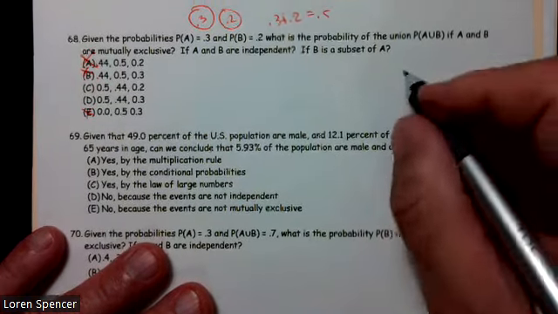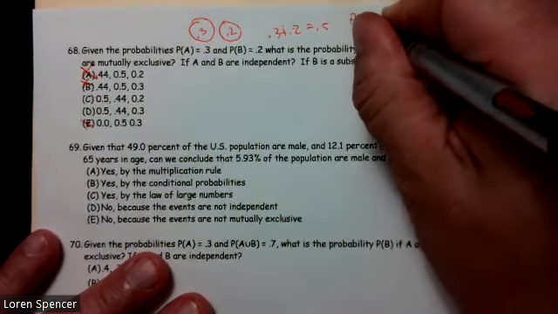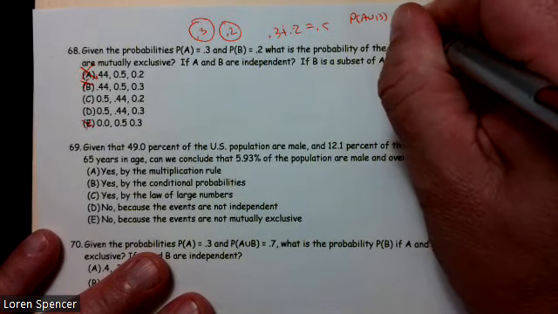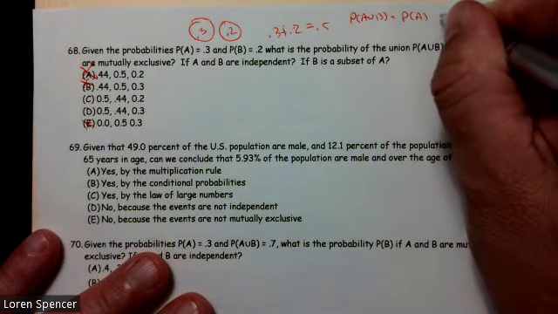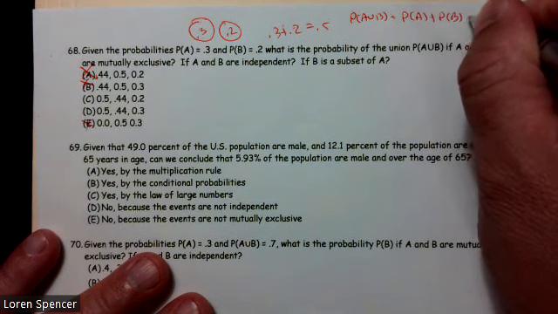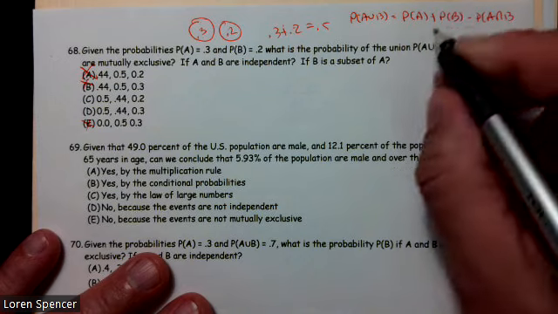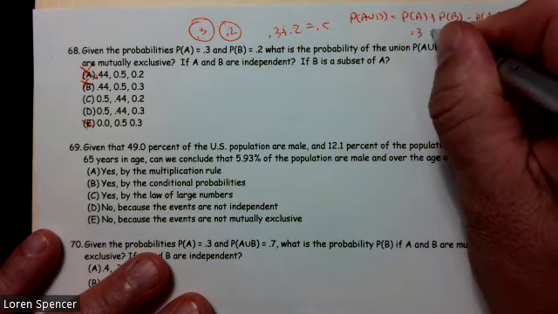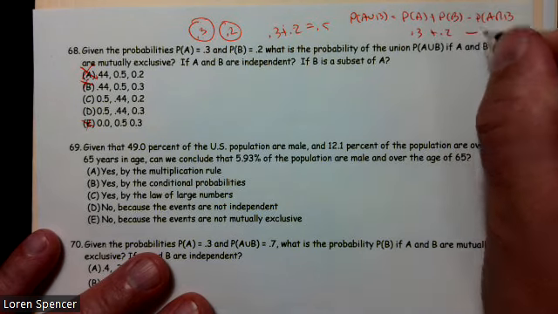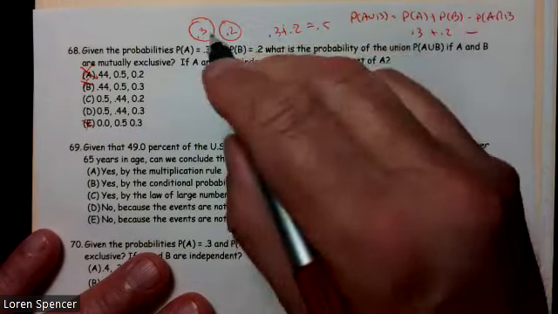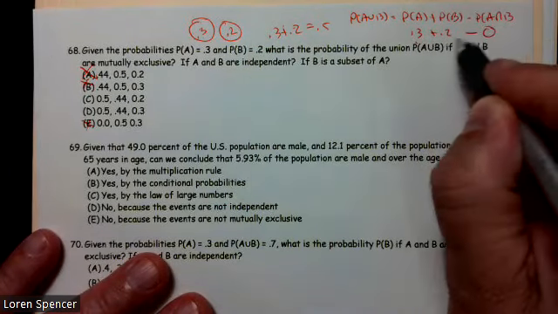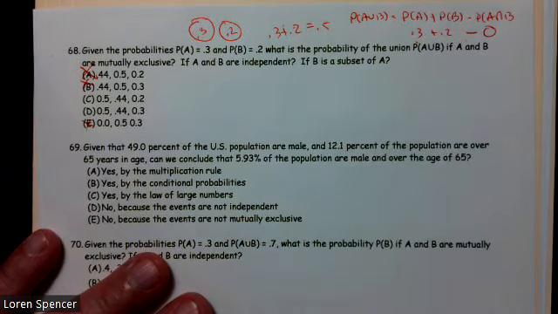Another way of saying it is the probability of A union B equals the probability of A plus the probability of B minus the probability of A and B. Well, this is 0.3, this is 0.2, but there is no intersection, there's no overlap. So that's where the 0.5 came from. So that's the first part.